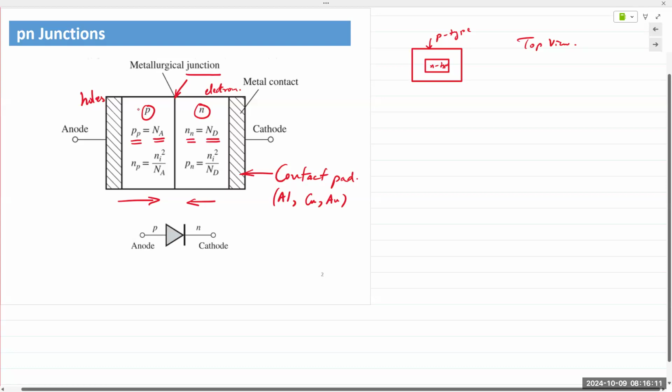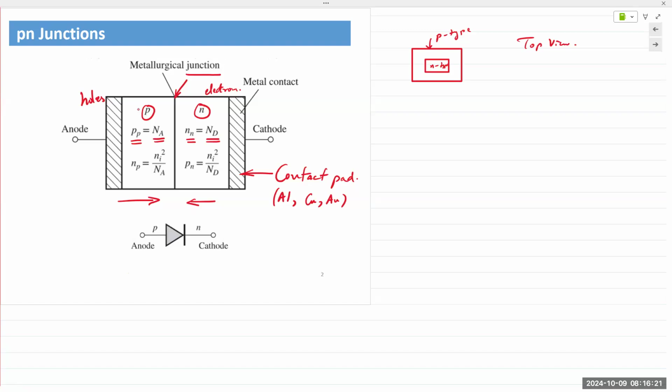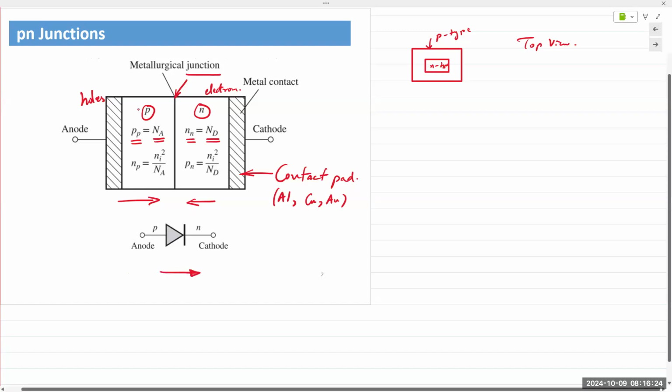The symbol of the diode is shown here. It's like an arrowhead pointing towards the cathode. It basically points towards the direction of the flow of the current. Right, it goes from anode to cathode.